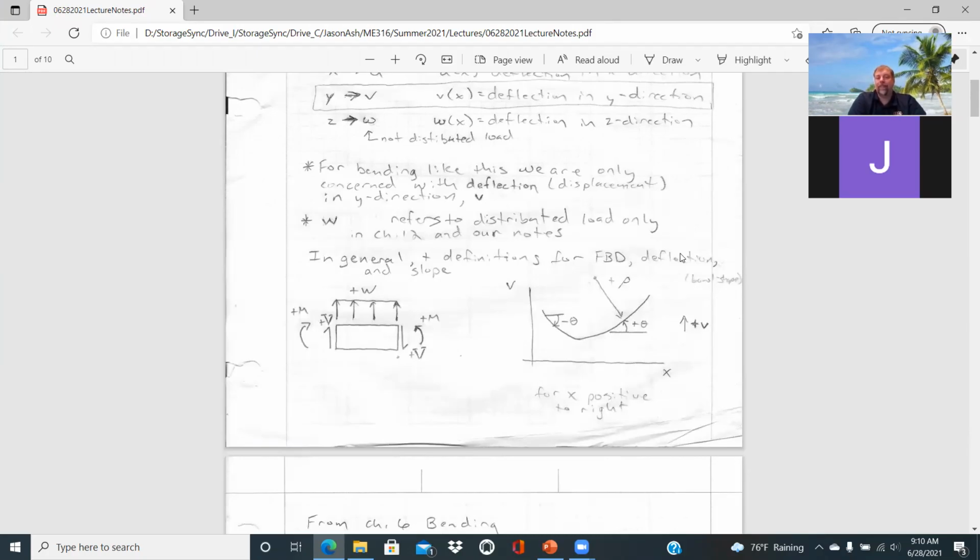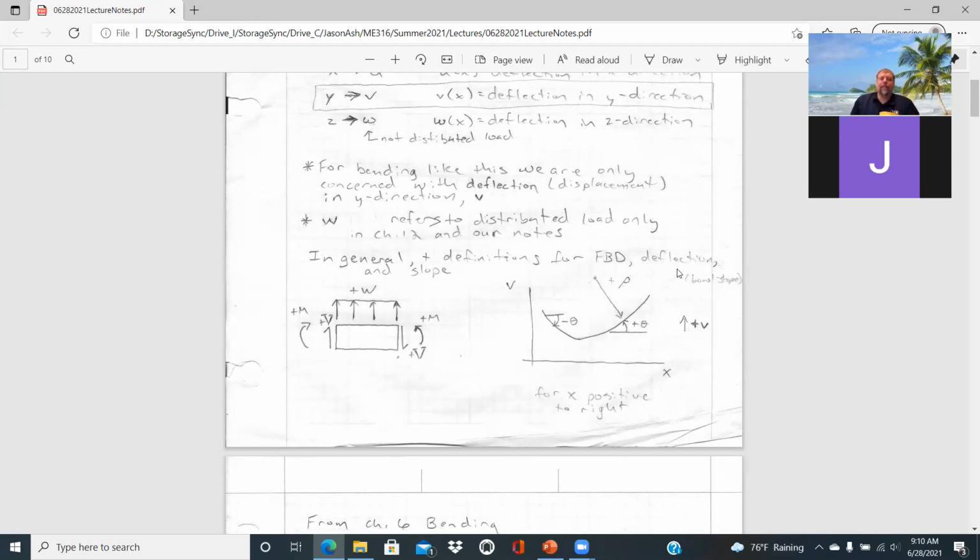If it's going upward to the right, it's a positive slope. And then positive deflections are upward, negative deflections are down. And then we have a positive radius of curvature as well. If it makes a bowl shape, that's going to be a positive radius of curvature.